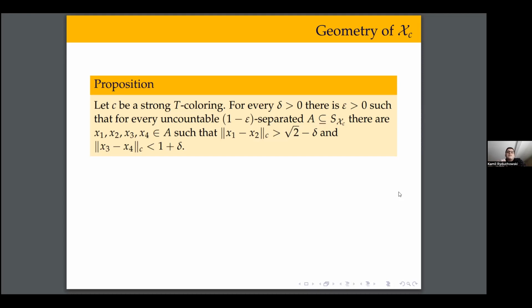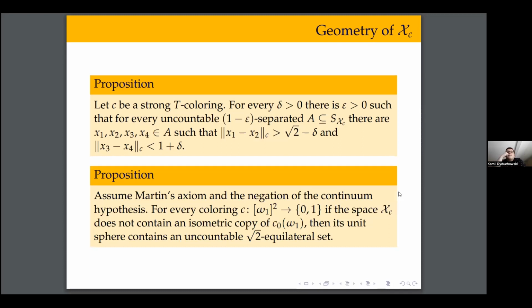And under this construction, it is necessary: we prove that under some set theoretic axioms, namely Martin's axiom and the negation of the continuum hypothesis, for every coloring of this type, if the space XC doesn't contain an isomorphic copy of C0 omega 1, then its unit sphere contains an uncountable square root of 2 equilateral set. So this is a set that is both equilateral and 1 plus something separated.